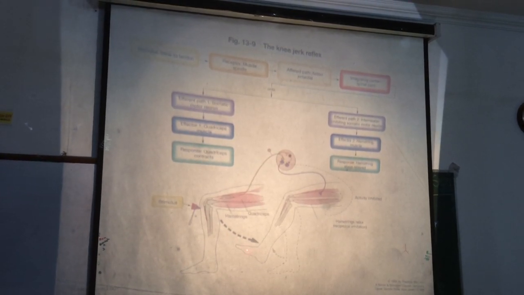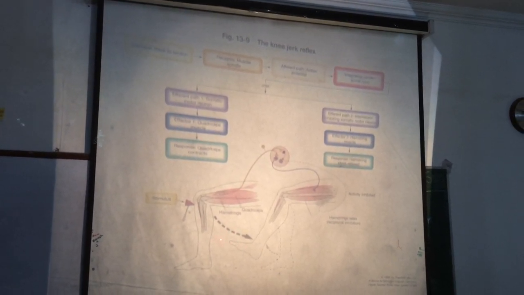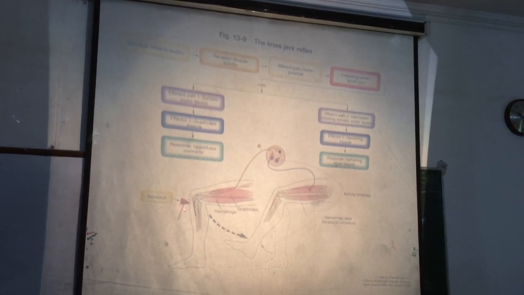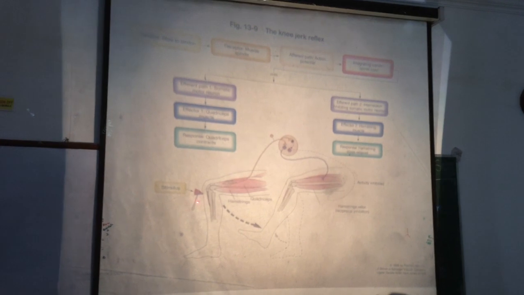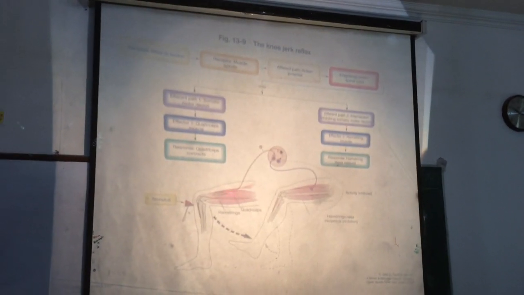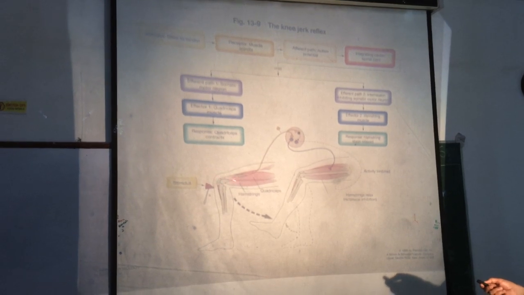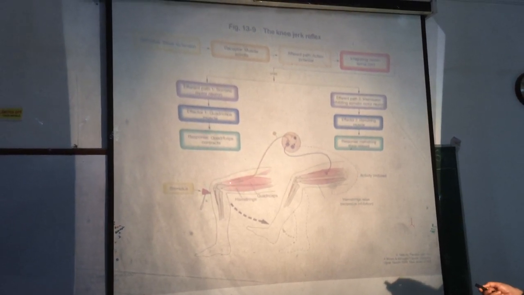The leg moves forward like a jerk. This is the knee jerk. When you apply a strike to the patellar tendon, there is stretching of the quadriceps. Muscle spindles are excited.